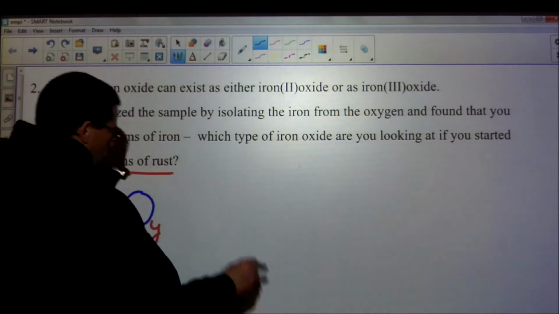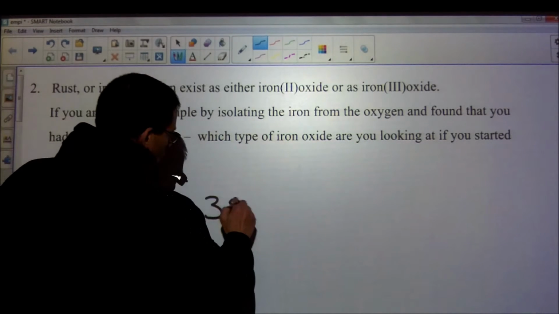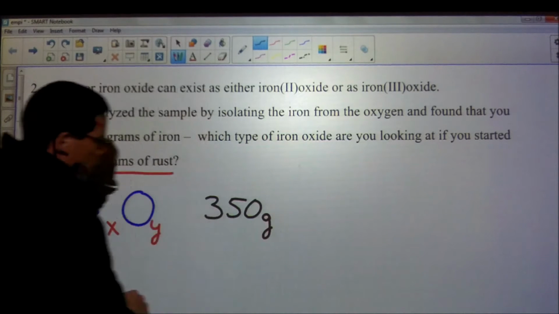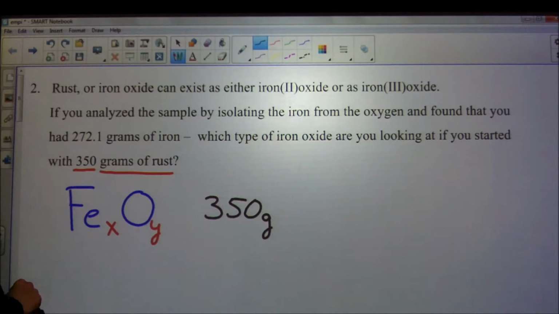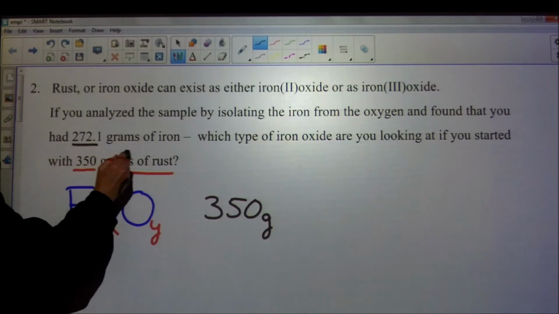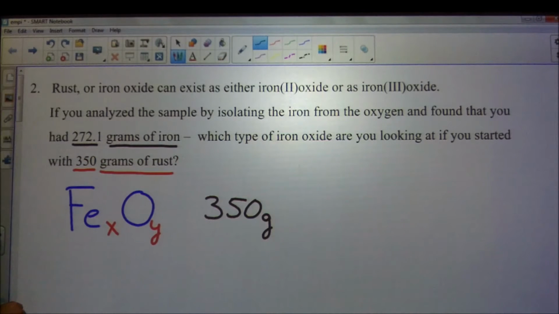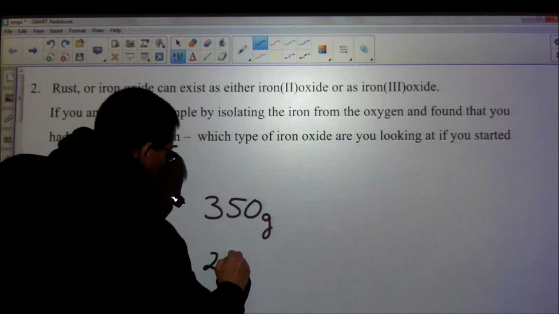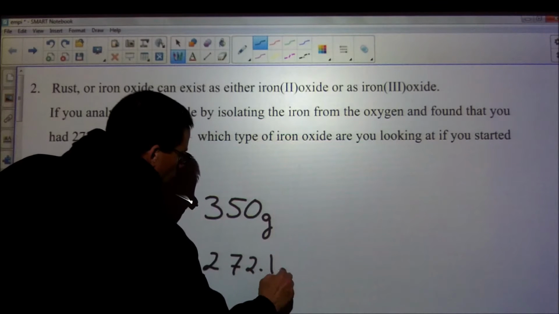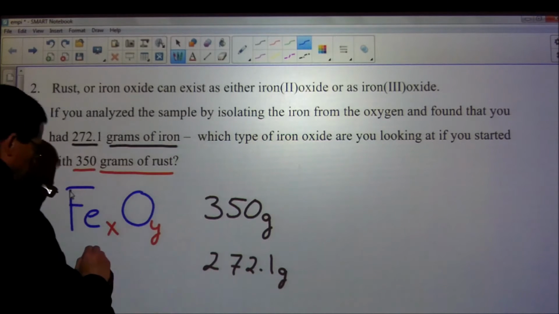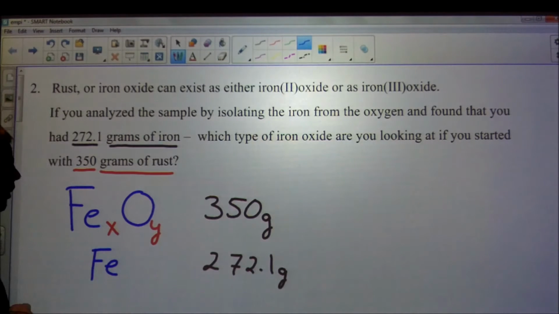So knowing that we have 350 grams, we can use that information to help us find a couple things. We would know that we have 272.1 grams of iron. But what the question does not tell us is how much oxygen.